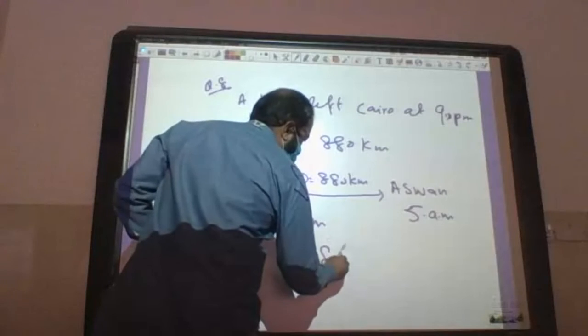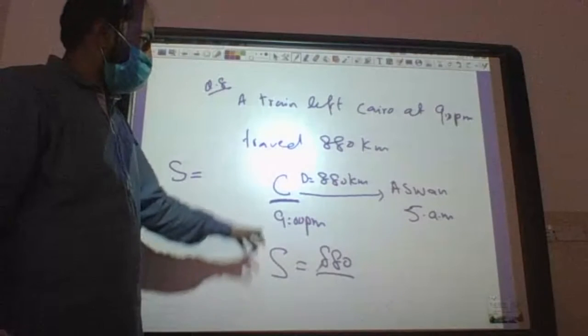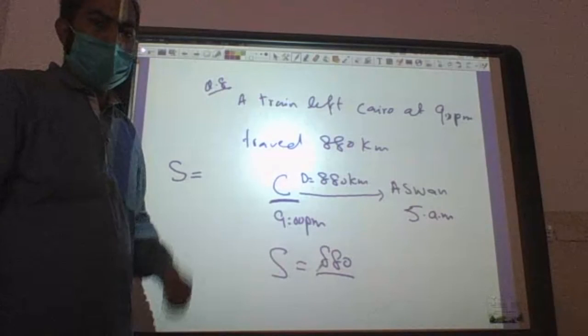So total distance is what? 880. And time, how many hours? 8 hours.